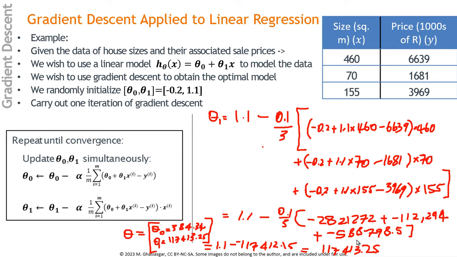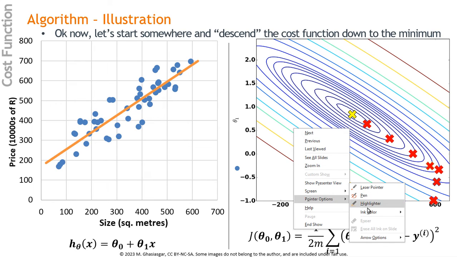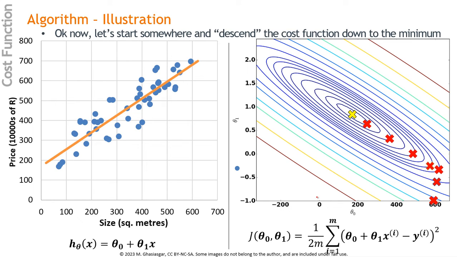Well, let's look back at our picture of the penalty function in 2 dimensions. So this was our contour picture. Now we're starting at minus 0.2 for theta 0 and 1.1 for theta 1. That means we're starting approximately right here.